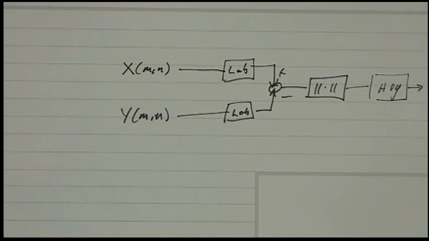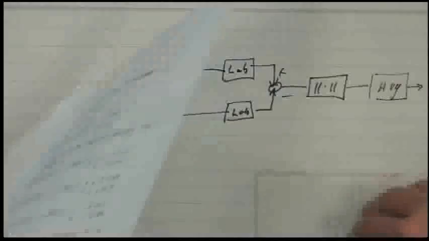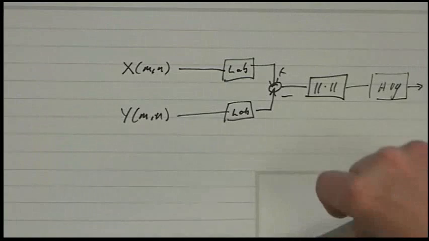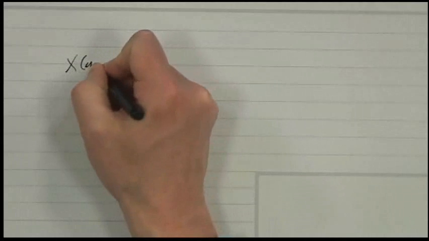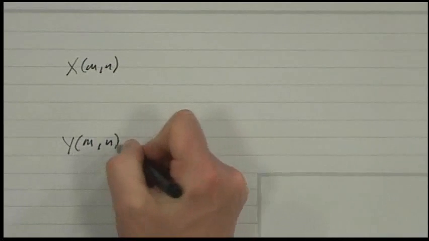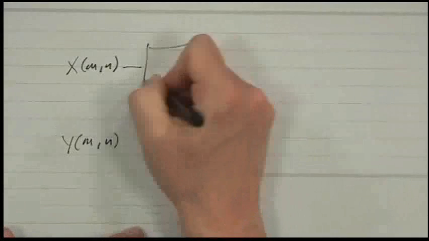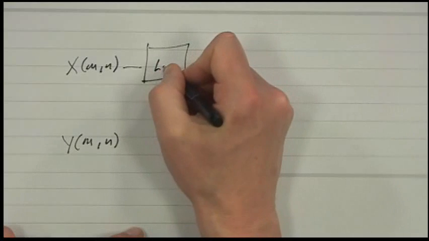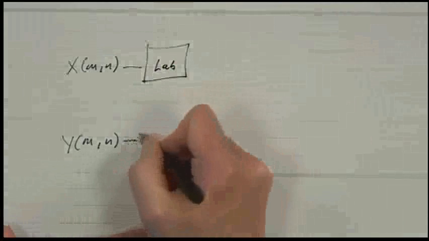Okay, so one possibility is this. Let me just draw this. What you could do is take X of m,n and Y of m,n, and put them into a box which converts to LAB, and converts to LAB.